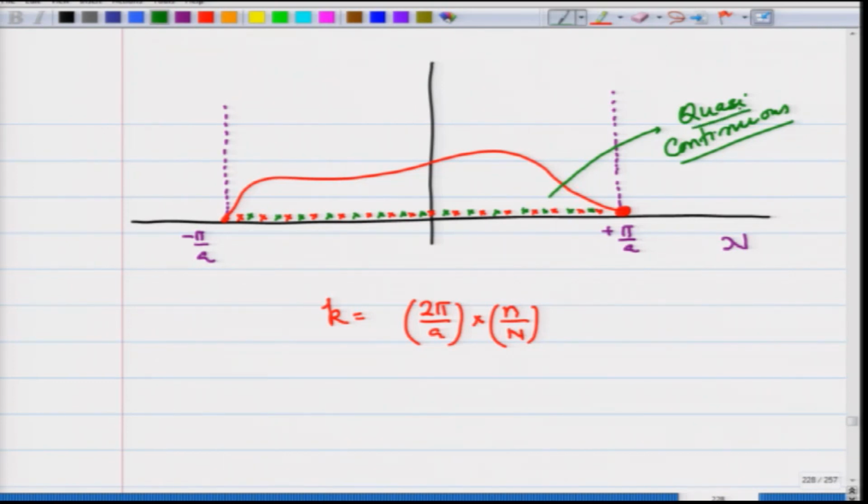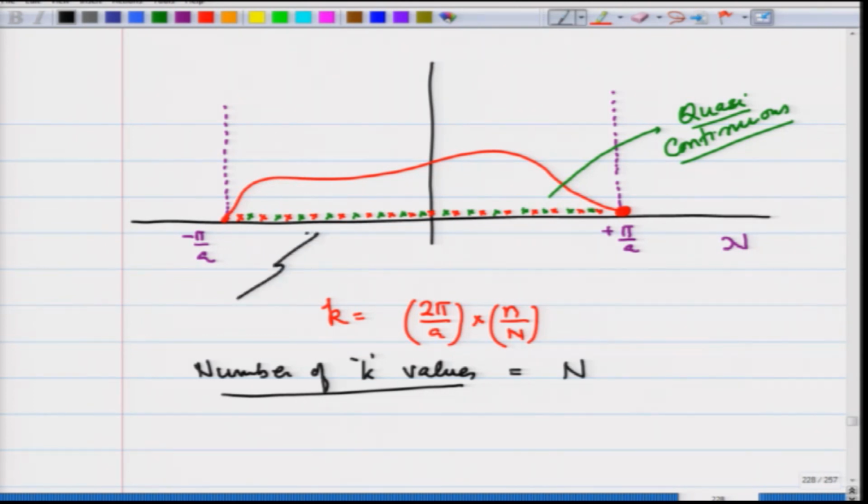The number of k values is going to be N. All these red and green points I am showing are N k values. So, in a band you are going to have these N k values.